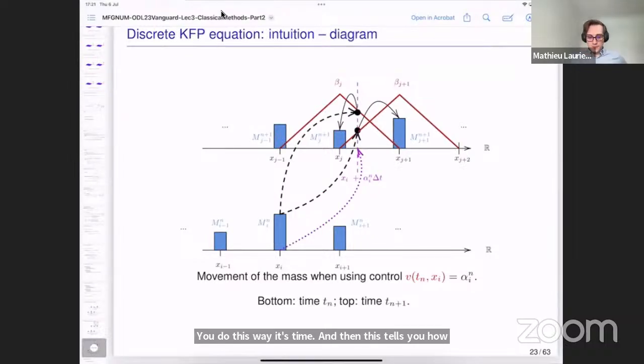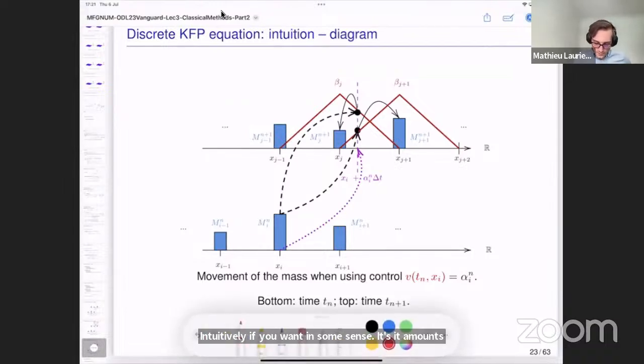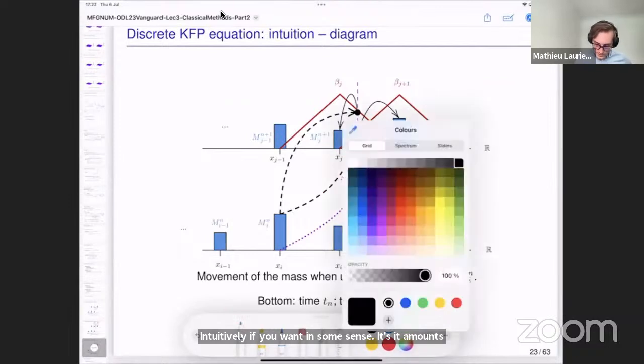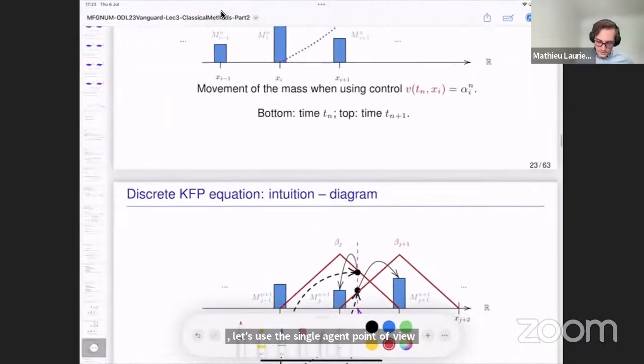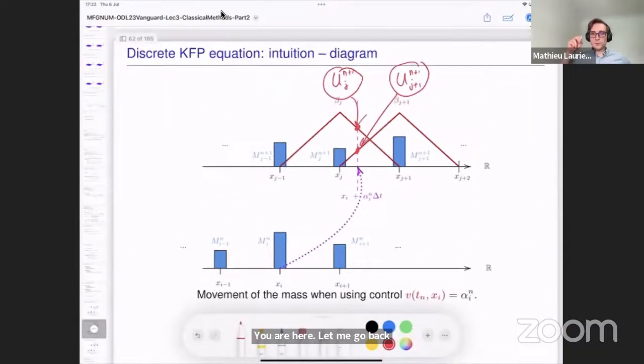Intuitively, let's use the single agent point of view. You are here, let me go back. So you are here and you jump to the location in purple, but in practice, we don't want someone to end up here. So we say, okay, you are going to go to xj, or you are going to go to xj plus 1.